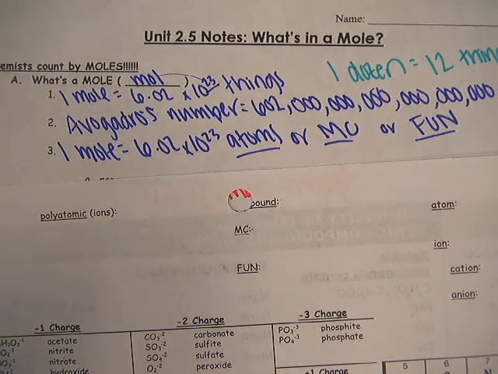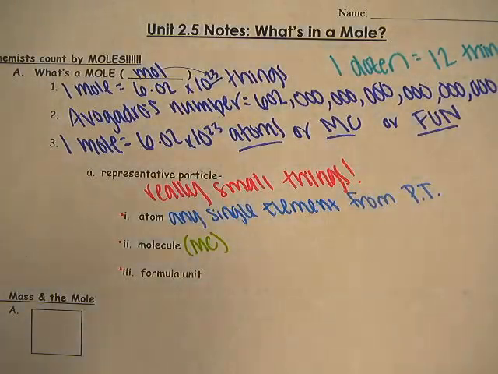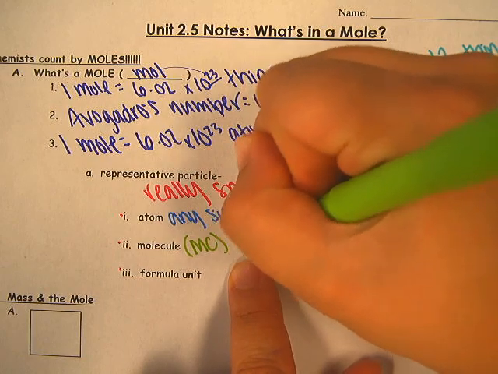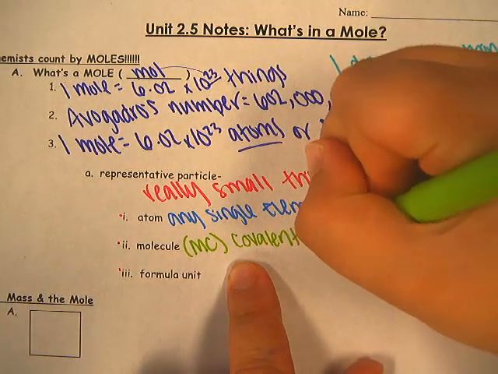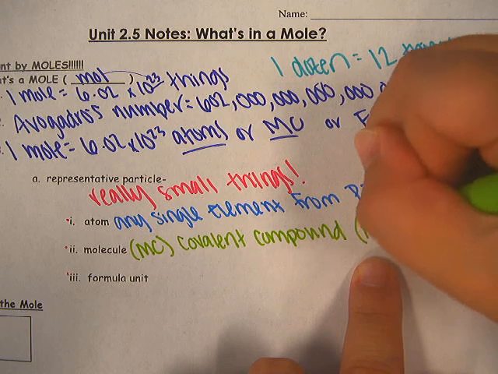If you have your same periodic table that we got earlier in the semester, you probably have some notes written on there. So a molecule is a covalent compound. And covalent compounds are made up of nonmetals only.